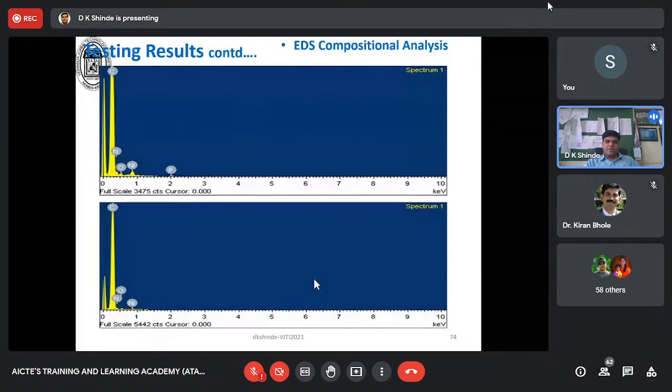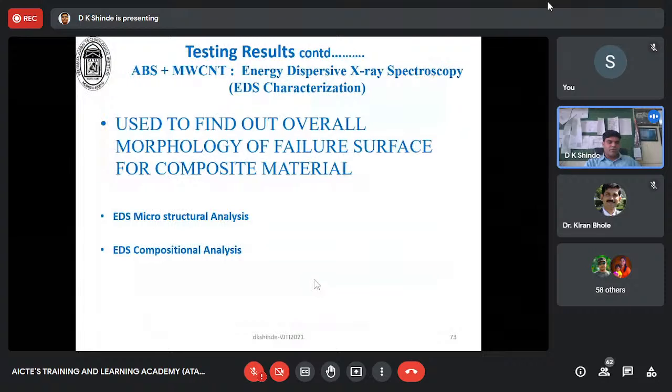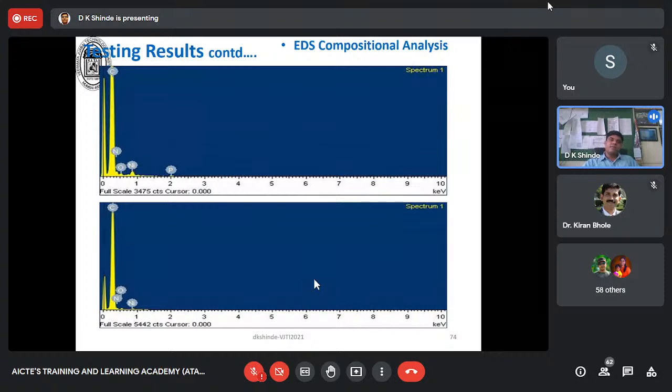Then we performed EDX analysis on that to understand what kind of elements are available, energy dispersive X-ray spectroscopy, what we say. So we did the EDX. Carbon has the highest percentage, then nitrogen, oxygen, nickel, and phosphorus, which are shown in some of those images.